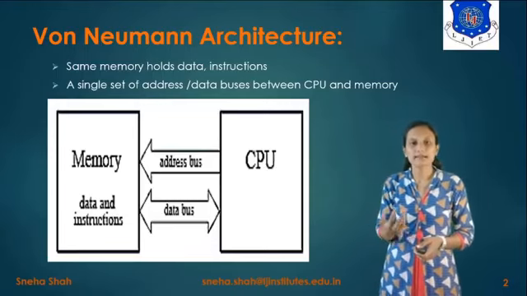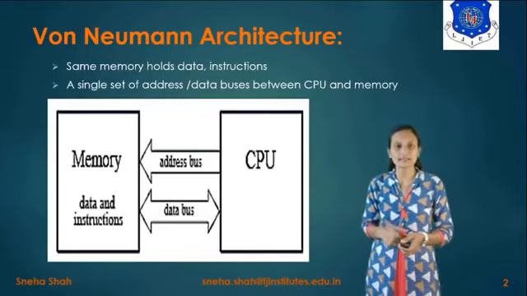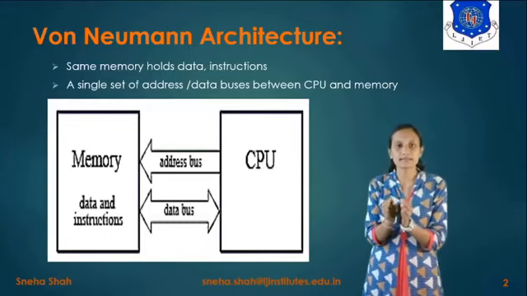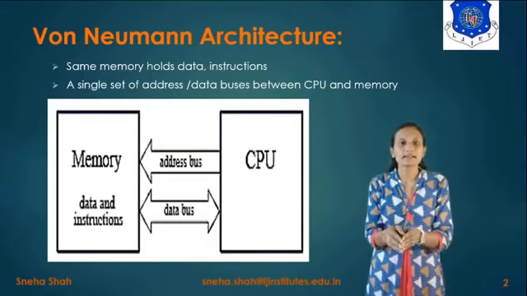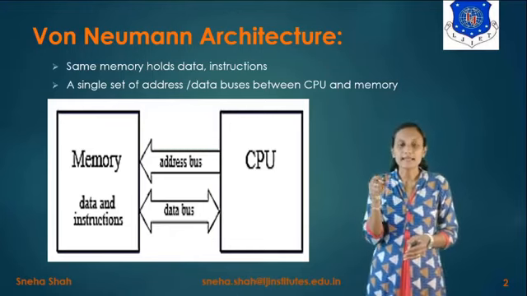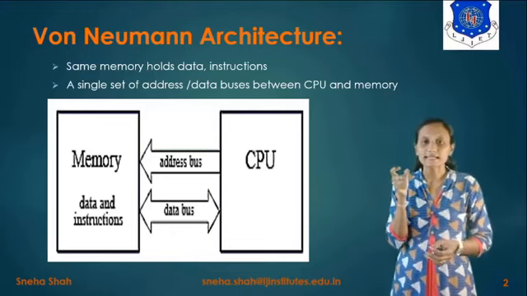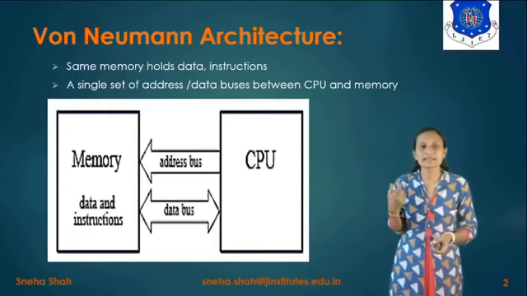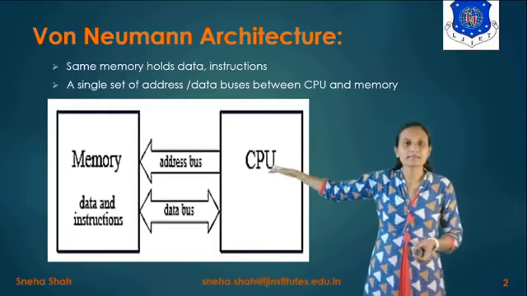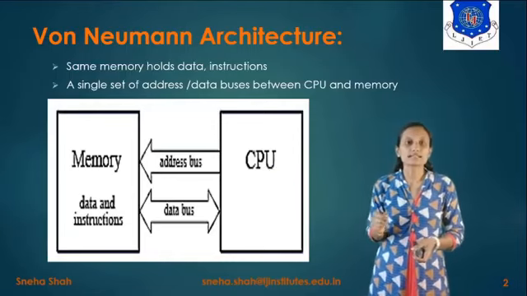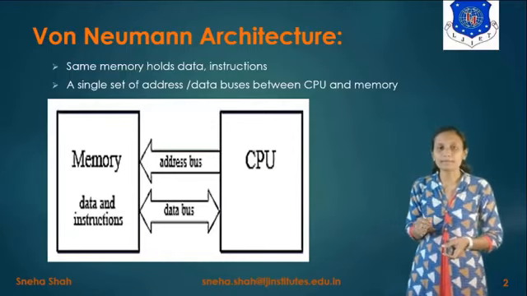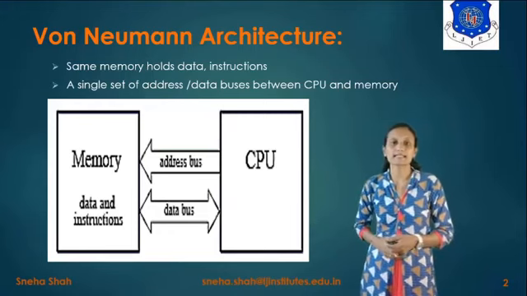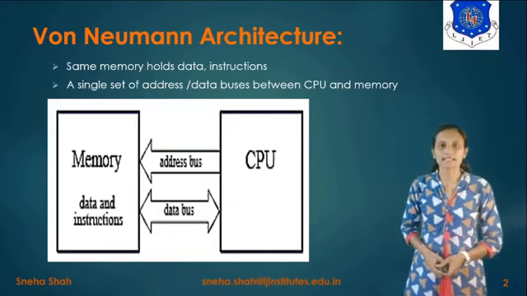If you want to fetch the address or the data, the memory location is the same, so at any instant of time we can fetch only one thing, either data or address, from this memory location. So it generates the bottleneck problem. We have to remove this problem by using another architecture, which is considered as Harvard architecture.